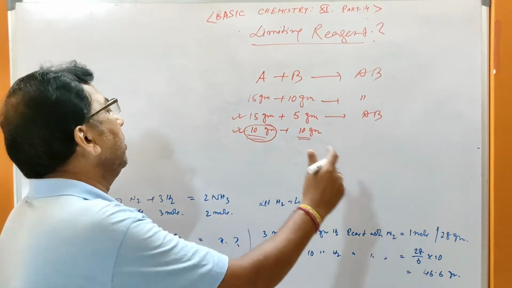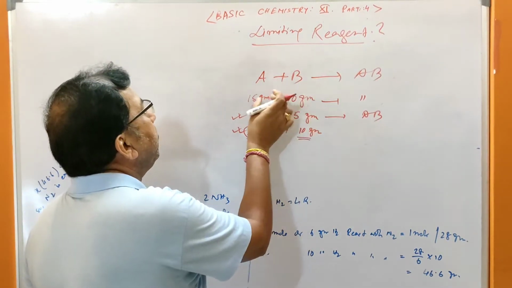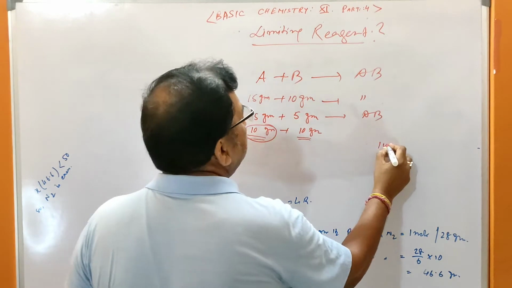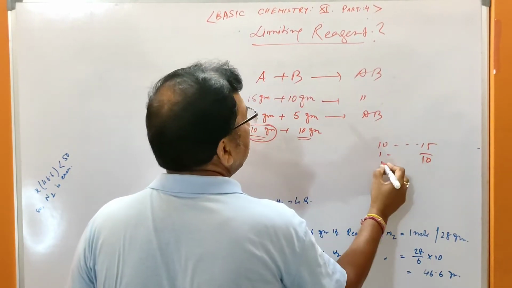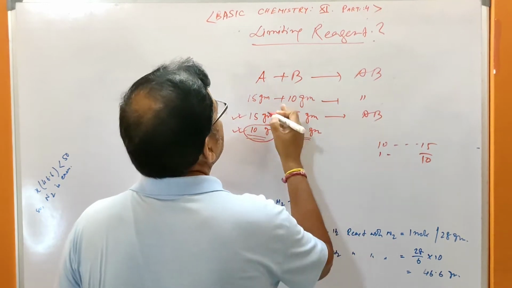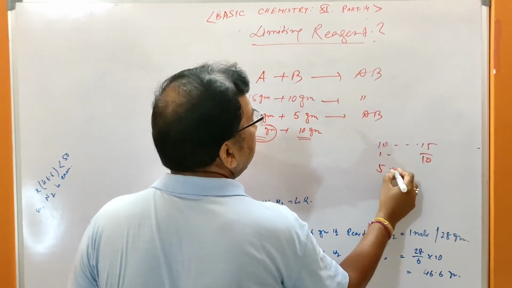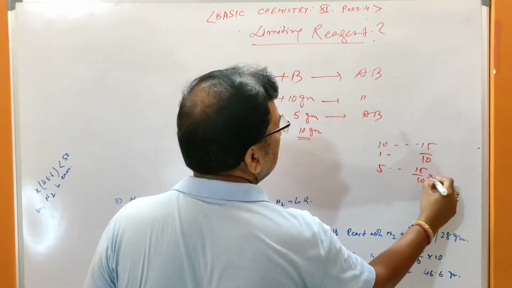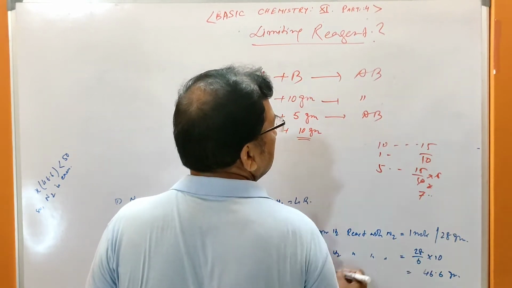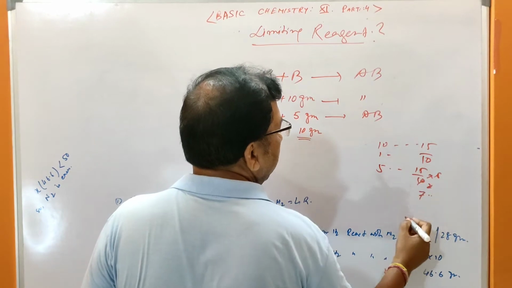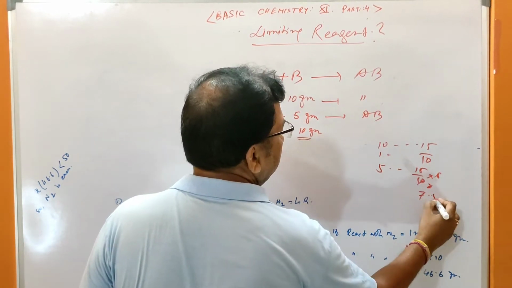That means 10 gram needs 15, so 1 gram needs 15 by 10. How much is needed for 5 gram? 7.5. Okay, 5 twos are 10, 2 15s. So 7.5 gram.